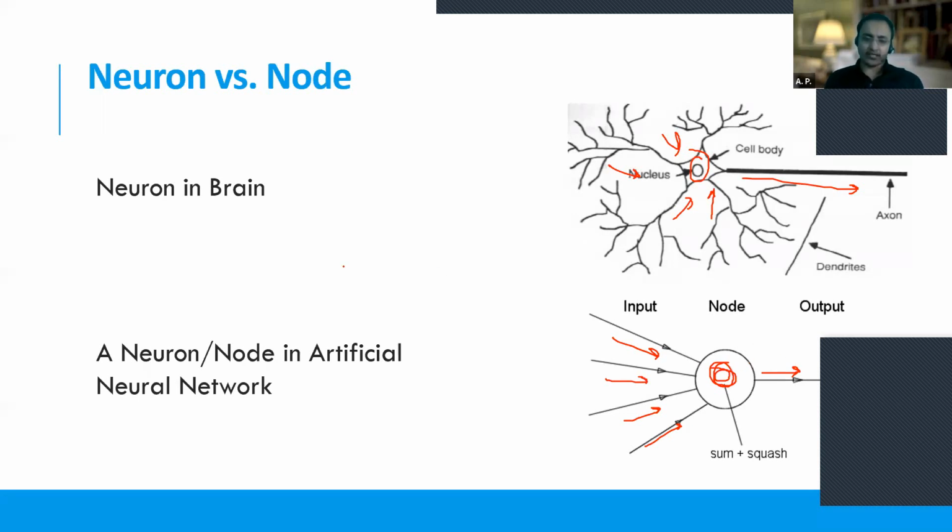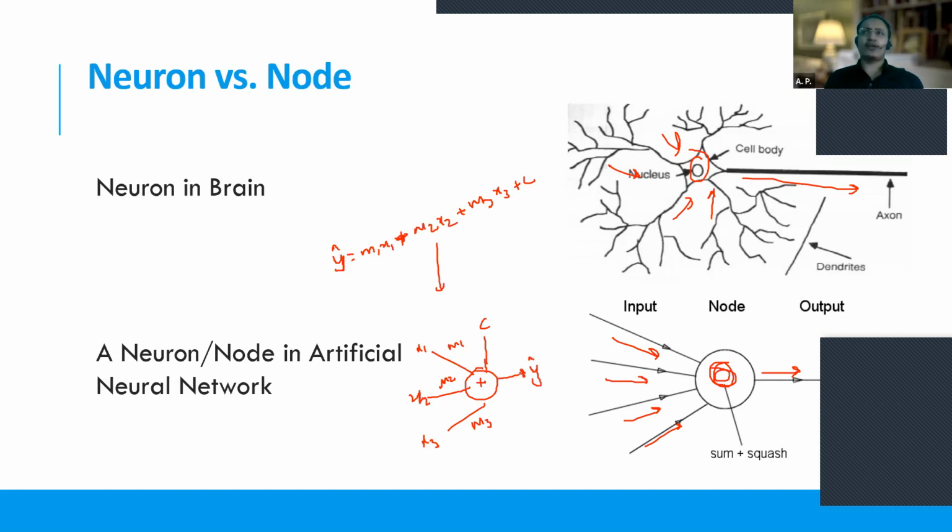You can think of this neuron as, let's say, y hat equals m1 x1 plus m2 x2 plus m3 x3 plus c, a linear regression equation. I can represent this equation using a neuron: the inputs x1, x2, and x3 are multiplied by m1, m2, and m3, added with c, and the output is y hat.